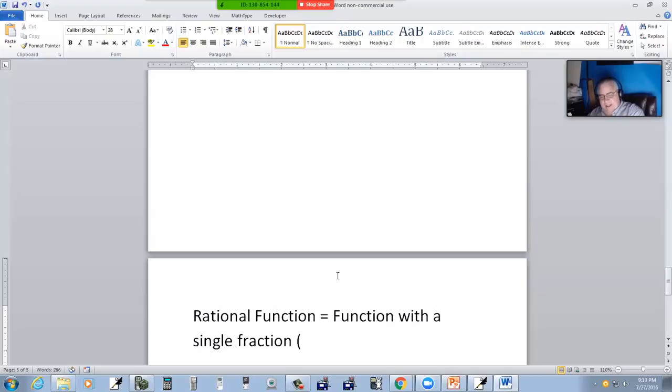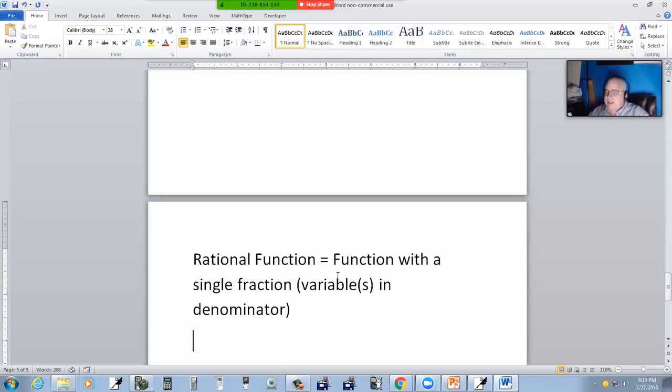For purposes of algebra, we're talking about variables in the denominator. Although technically, f of x is equal to 1/2 would be a rational function. It's a single fraction. You just don't see any of those that simple in these.